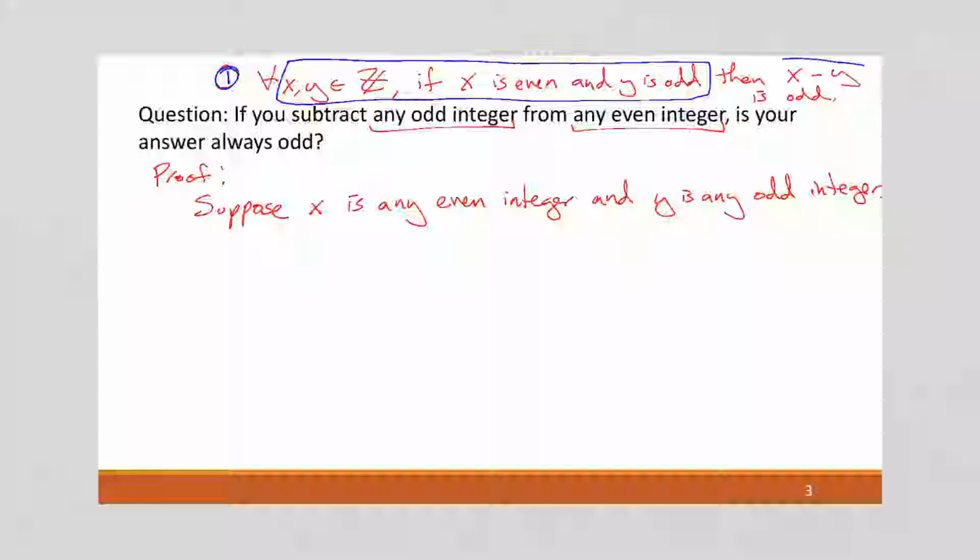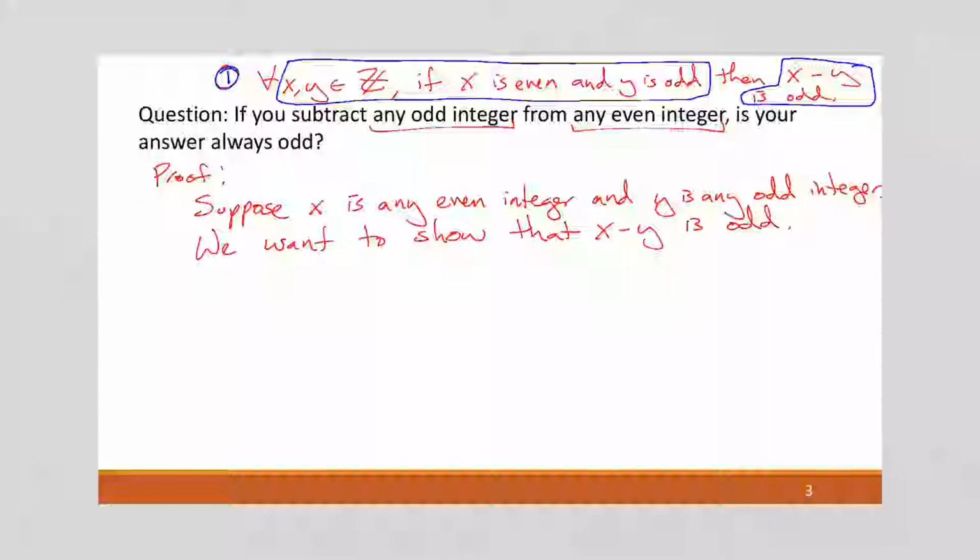Well, my goal is going to be to show this last part of my universal conditional statement. Right, so this is step 2, and this is our goal. Well, let's do it. I missed something in writing my goal. We want to show that x minus y is odd.